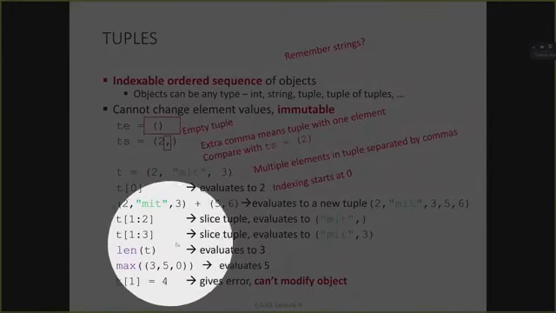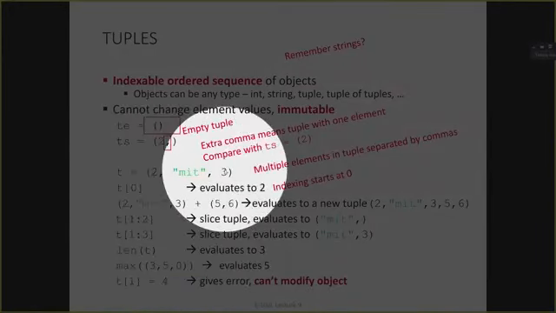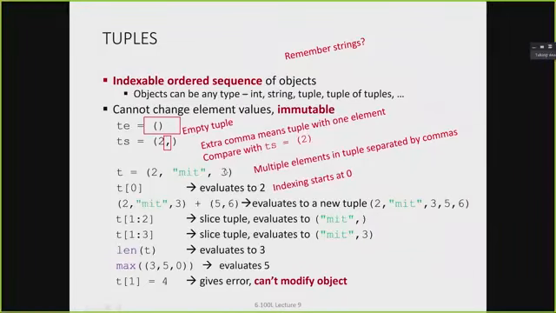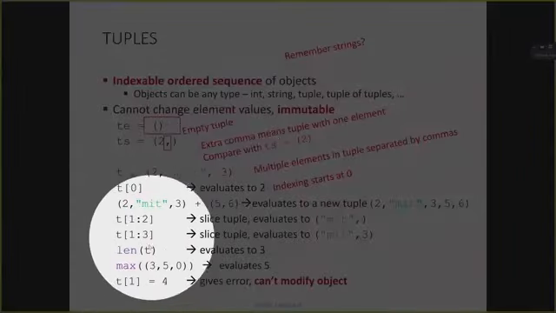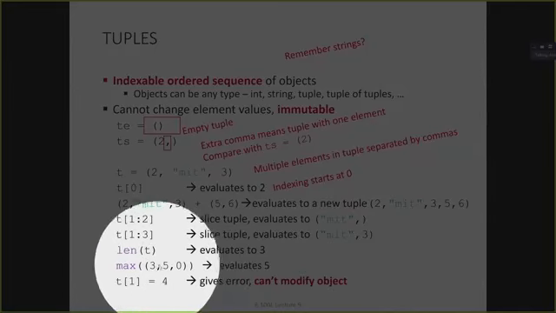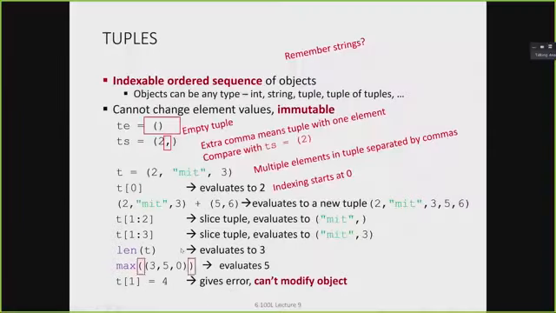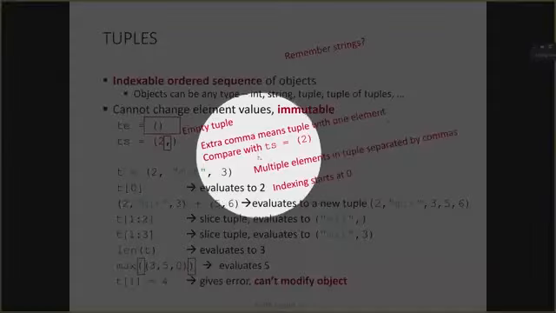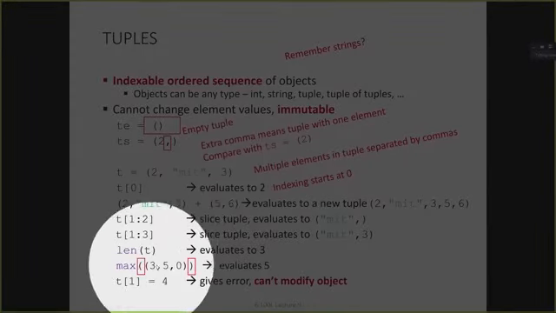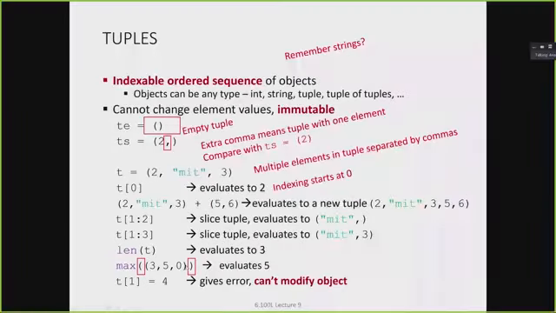We can get the length of the tuple, which tells us how many elements are in it, so 3 elements. We can use the max, min, sum, things like that, to grab the maximum element and minimum element, sum all the elements of my tuple, and things like that. Notice that here I've got parentheses for the max function call, and then another set of parentheses here to denote that I have one tuple object I'd like to grab the max of.